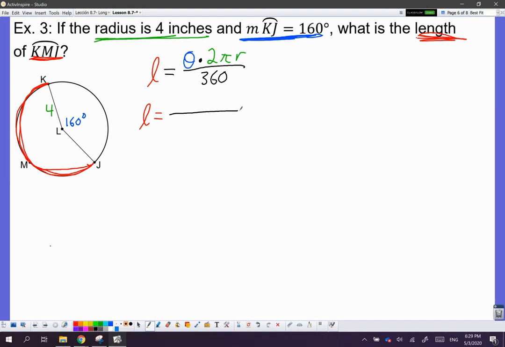Now we don't have the arc measure for the arc that we want. We have it for the opposite arc. But remember our measure relationships. If I know that this angle is 160 degrees, I also know that the entire circle is 360 degrees, which means that I can subtract these two to find the measurement that I need.